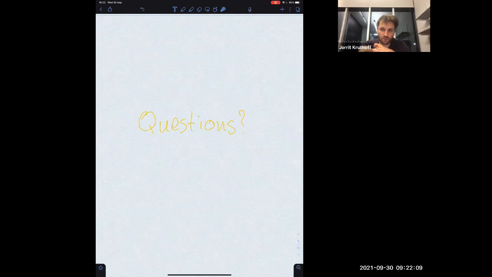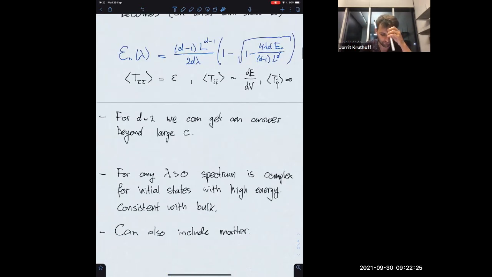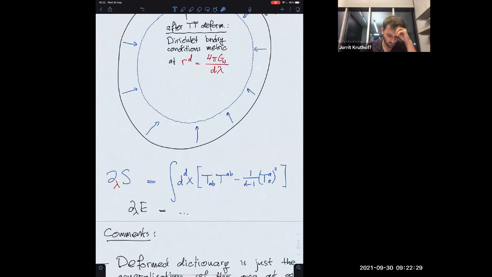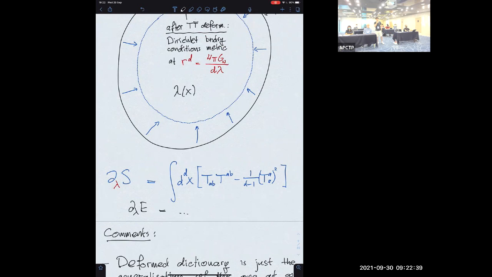I will discuss the 2D bulk in a minute. I wanted to say more about whether you can do constant R or maybe something that depends on the spatial coordinate. That you can do, but it's more complicated because you would need to make the coupling lambda dependent on your spatial coordinates. It depends on where you are on the boundary.